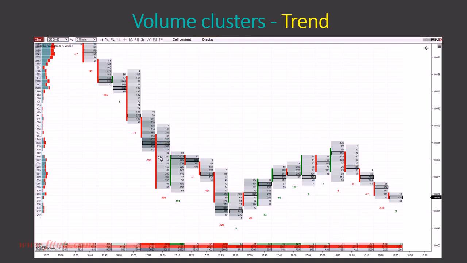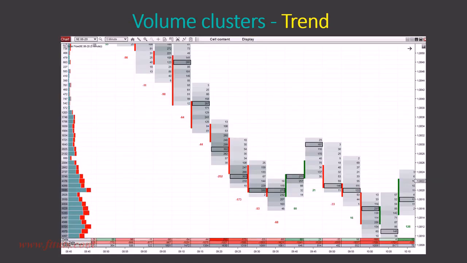You can place the short either at the place where the volume cluster begins, so short from here, or from the place where the volumes were the heaviest in the volume cluster, which is in here. Either way works.